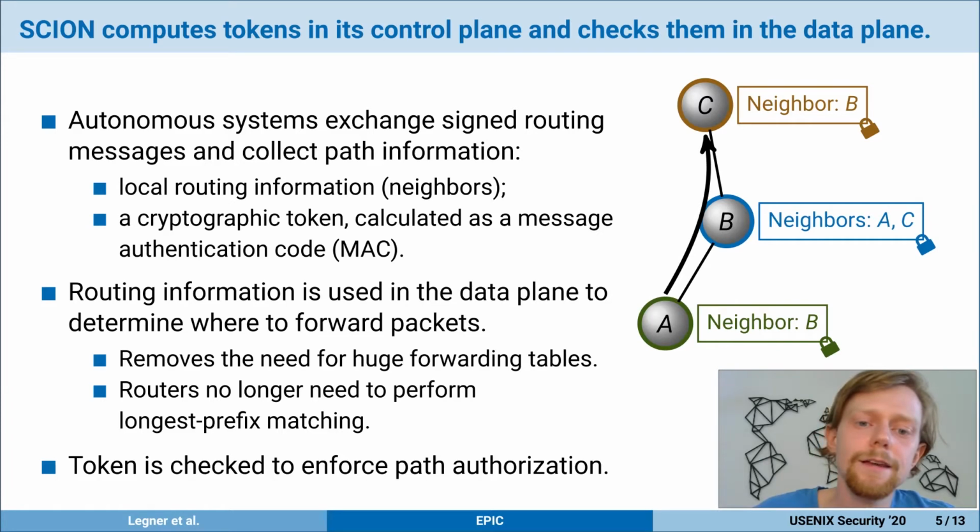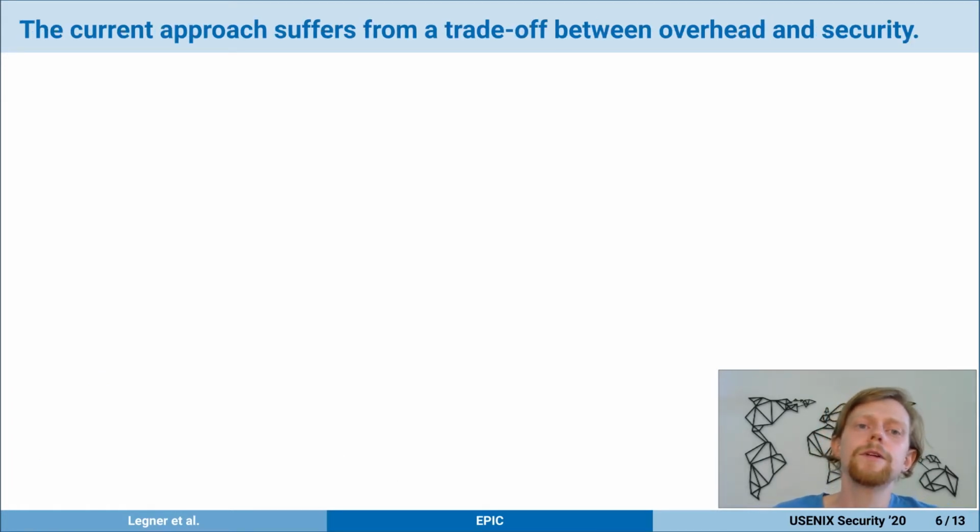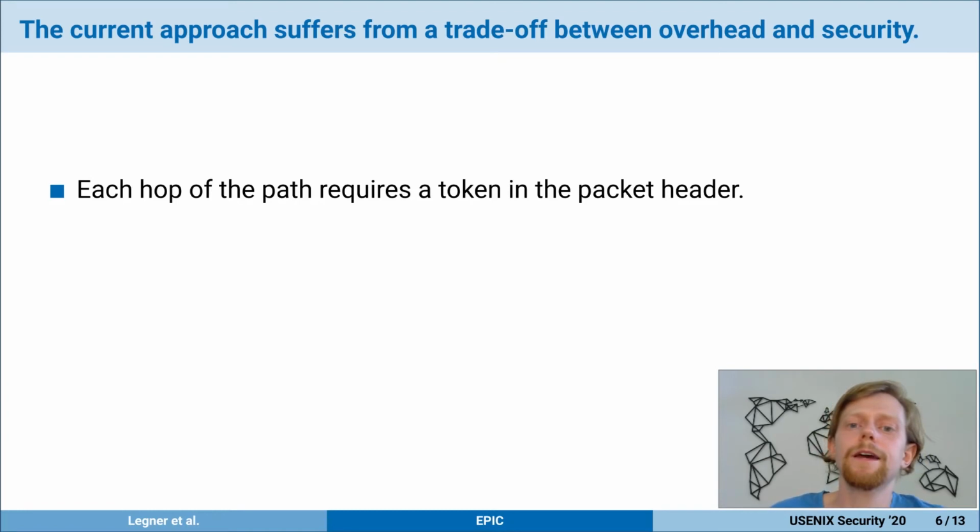Now, there is an issue here, which is that this approach suffers from an inherent trade-off between overhead and security. For every hop of the path, such a cryptographic token is needed, which can, for longer paths, create substantial overhead.